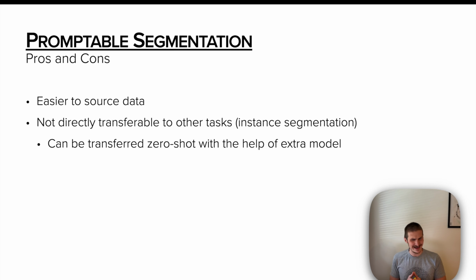It is not directly transferable to other tasks, so you would not be able to perform actual instance segmentation and compete with other models on the COCO dataset, for example. But you can do that with the help of an extra model. One thing you can do is take maybe even a low quality object detector and then improve that or build on top of that to go from object detection bounding boxes to pixel segmentation.